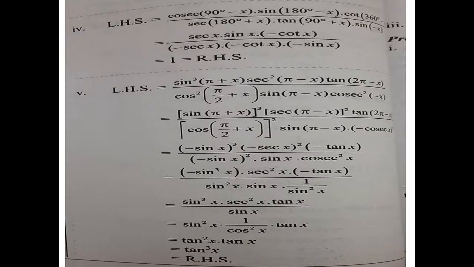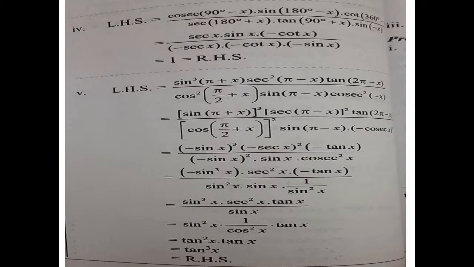And (sec(pi - x)) square: sec pi is an even multiple, so sec remains sec, but pi - x lies in the second quadrant, and in the second quadrant only sin is positive, therefore sec will be negative: (minus sec x) square.